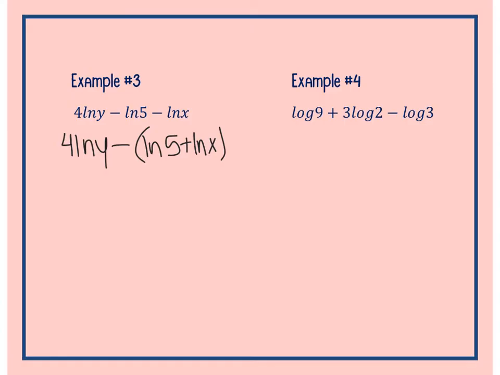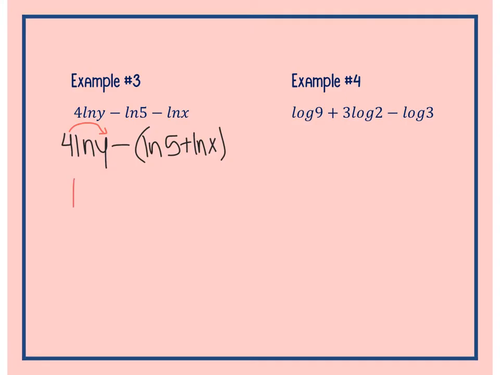So now I'm going to do two things. I'm going to do the power property right here. So this 4 is actually going to go backwards, okay? And I'm going to do the product property, which says when I'm adding them, I was really multiplying them.